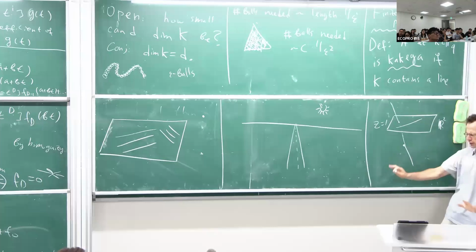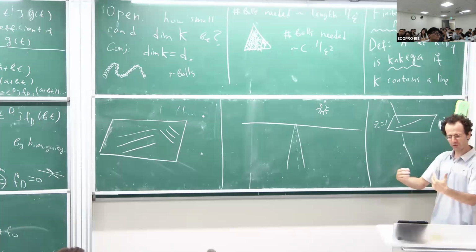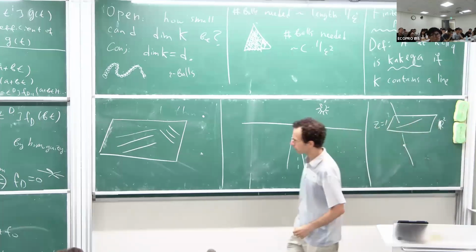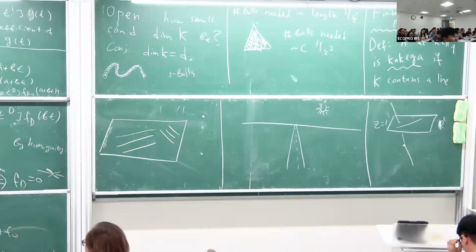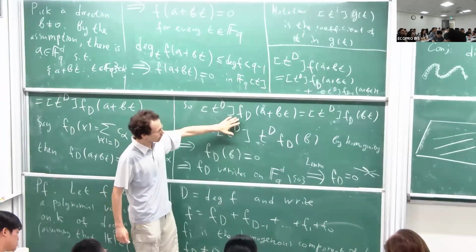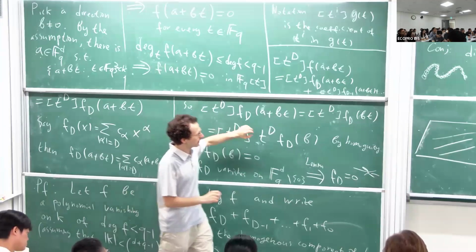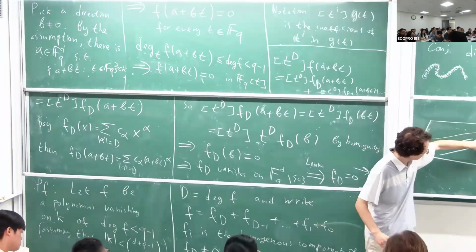I know this was a crash course, but it should be mostly motivational, or refreshing for people who have already seen projective geometry. The point is, motivationally, these polynomials are defined not just on this plane, but on the whole projective plane.